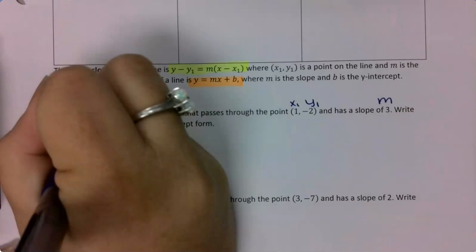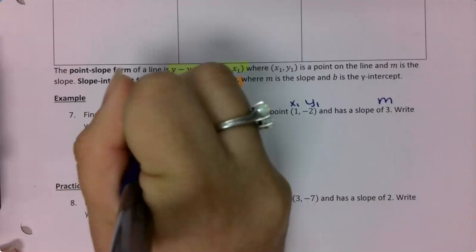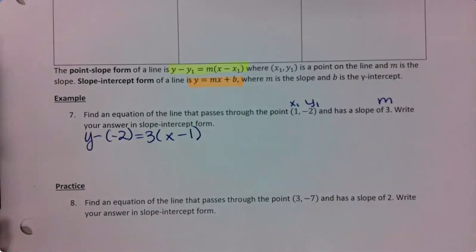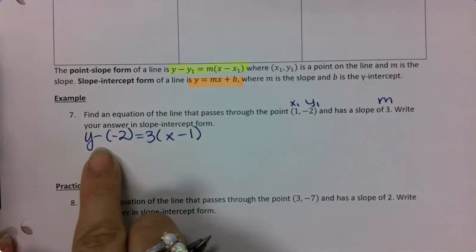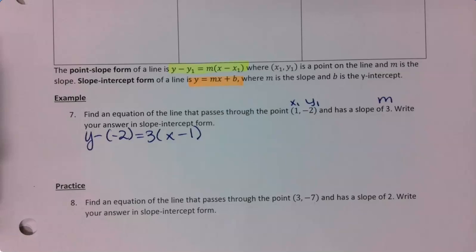So I'm going to do y minus negative 2 equals 3 times x minus 1. On the left side I have a minus negative 2 because I have a minus from the formula and a negative 2 from the y value.